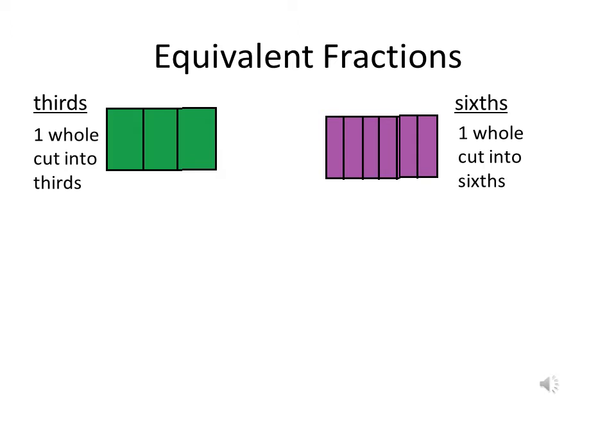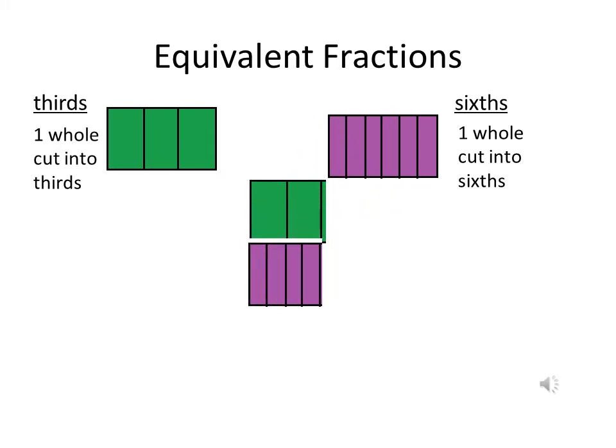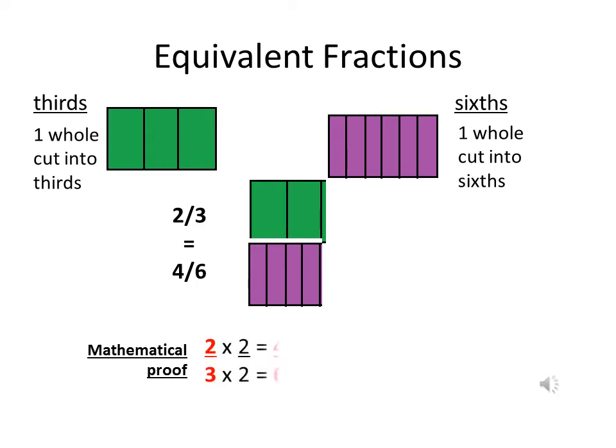Here is another example of equivalent fractions. The green rectangle is cut into thirds, and the purple rectangle is cut into sixths. When you take 2/3 of the green rectangle, they are equivalent to 4/6 of the purple rectangle. And here's the mathematical proof. 2/3 times 2/2 equals 4/6.